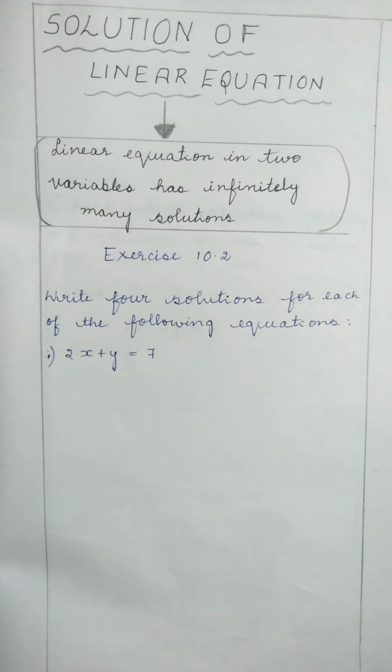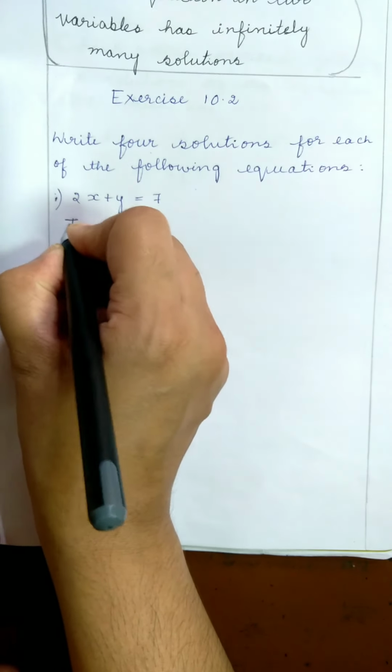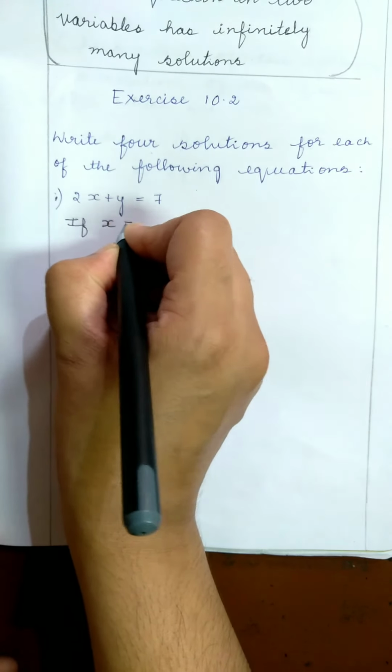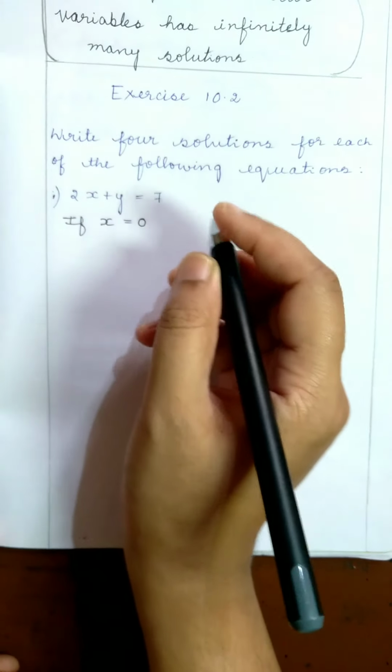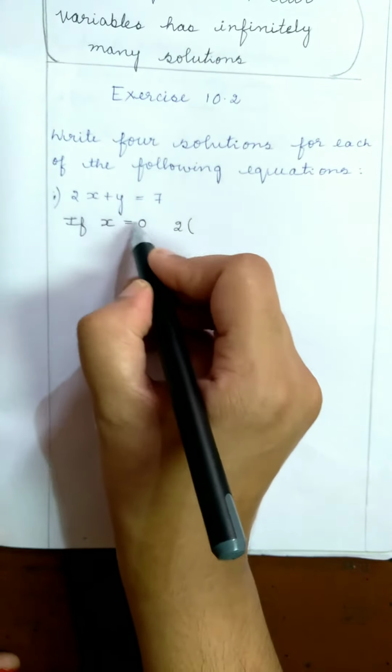So now we have the first problem, that is 2x plus y equal to 7. At first we will write the values for x. If x is equal to 0, substitute in the equation: 2 into the value of x, which is 0.